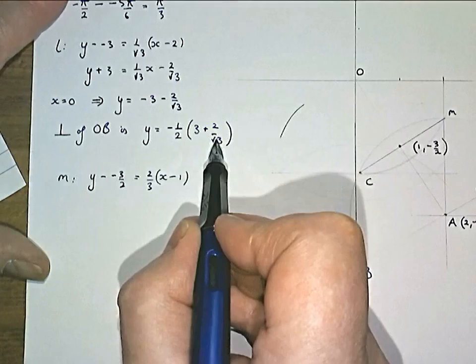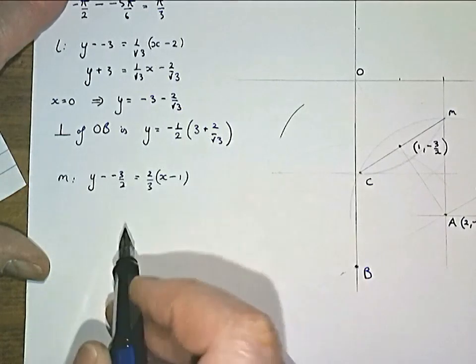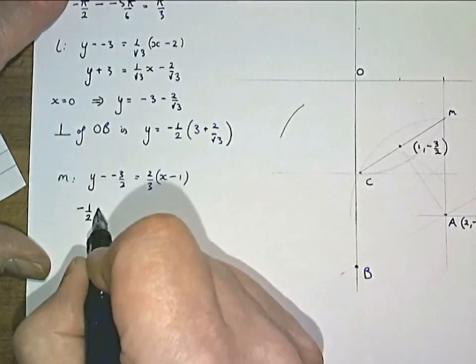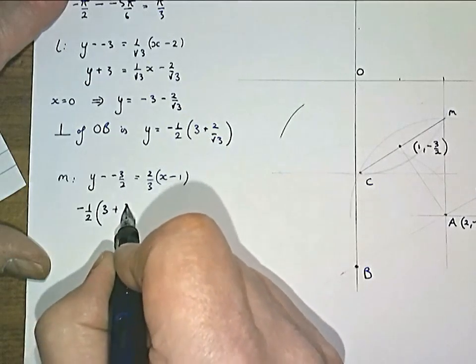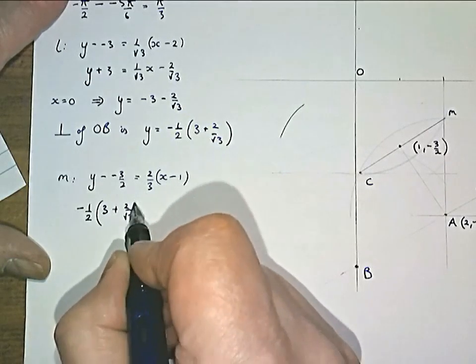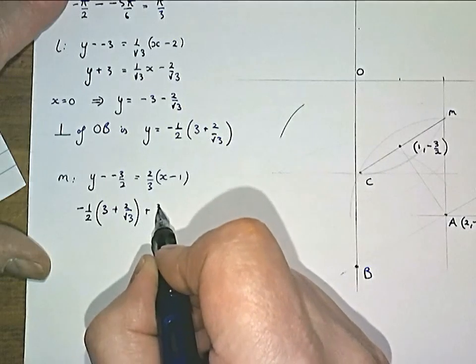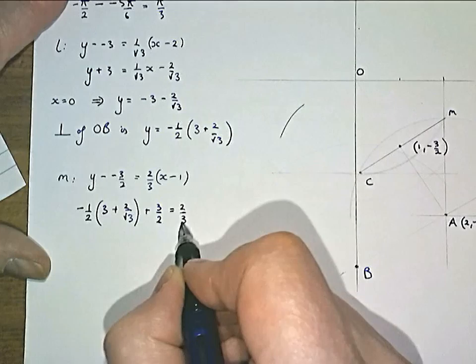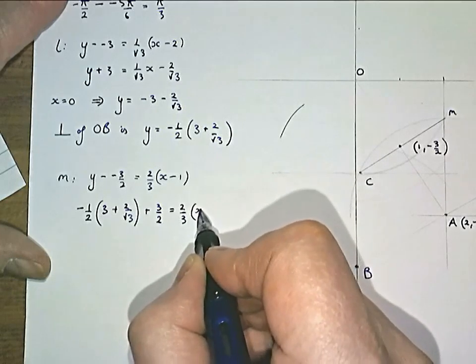So we can simply substitute that into there. And we're going to get minus a half, 3 plus 2 over root 3, plus 3 over 2 is equal to 2/3 of x minus 1.